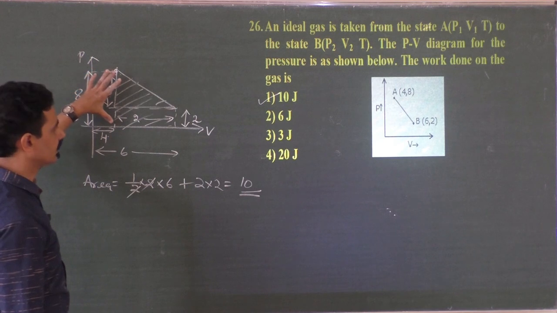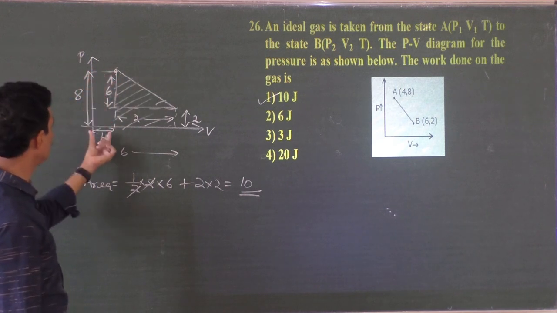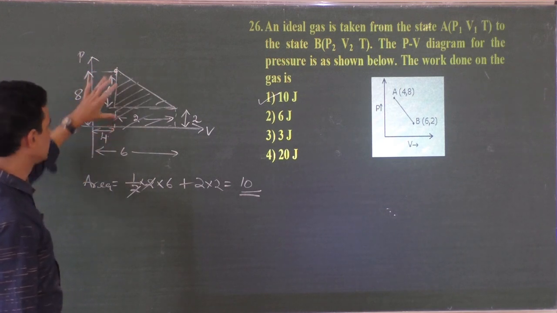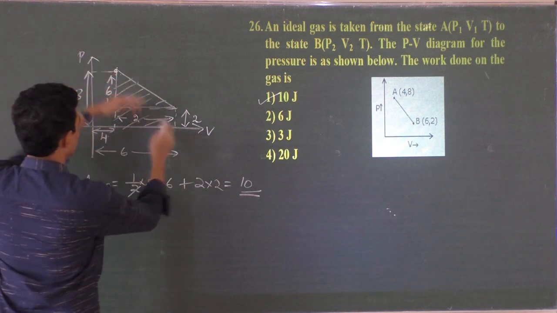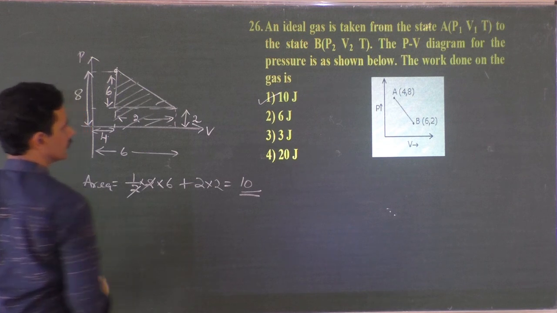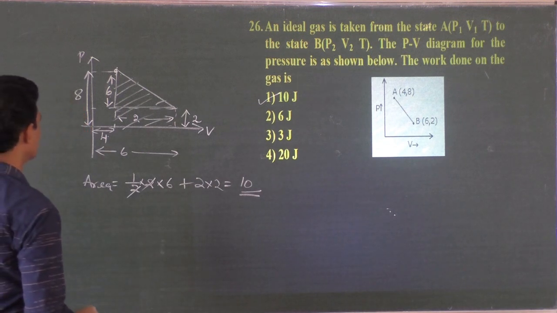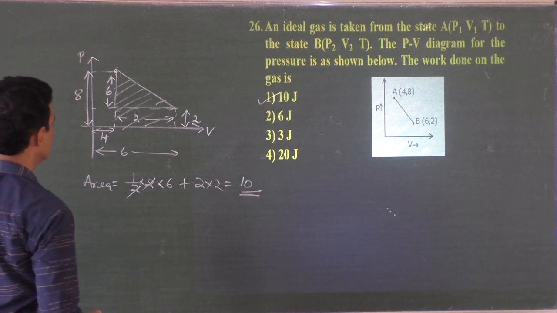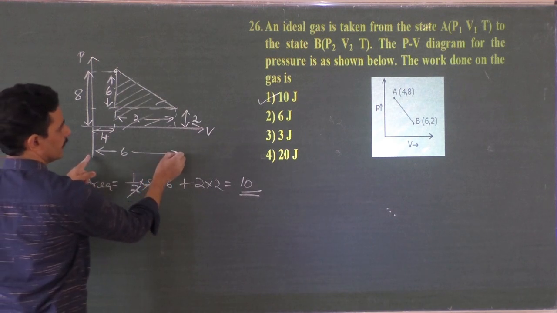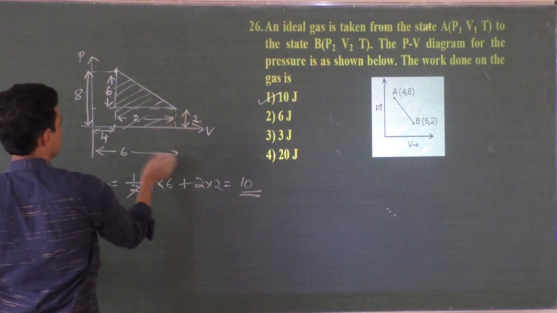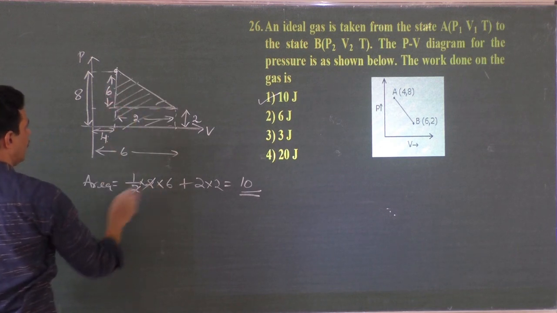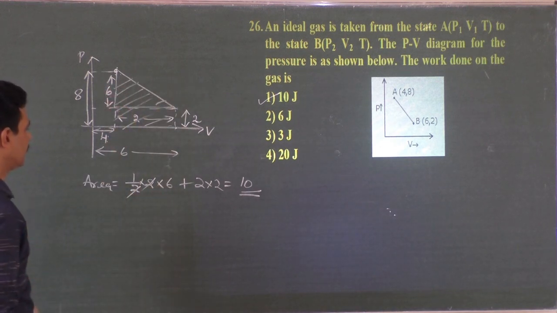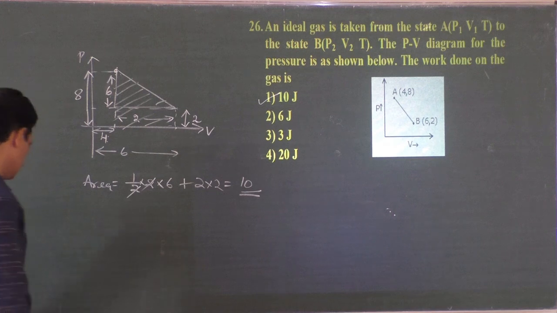This is 6, this is 4, 4, 8, and 6, 2. I think I have made a mistake here, which is 6 and 2. 6 minus 4 is 2, 8 minus 2 is 6, yes. Half base into height and length into breadth, 10 joules, that is the work done.